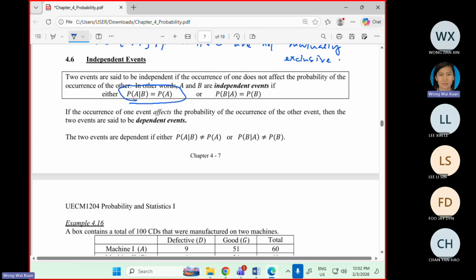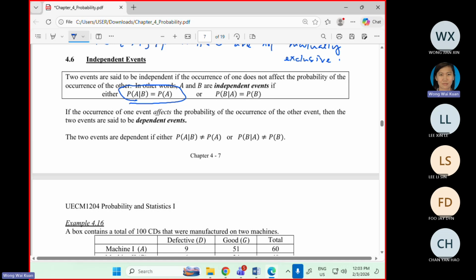In formula, the probability of A given B is the same as the probability of A. So too, the probability of B given A is the same as the probability of B.